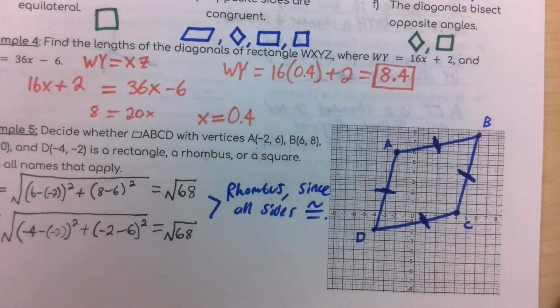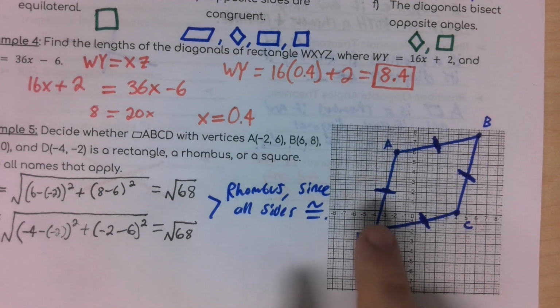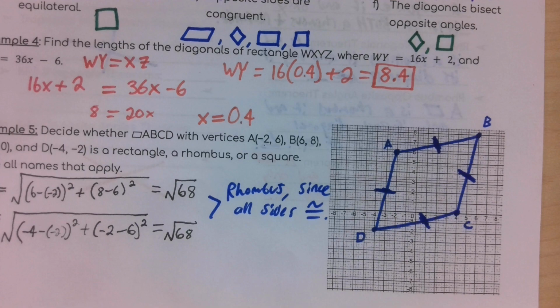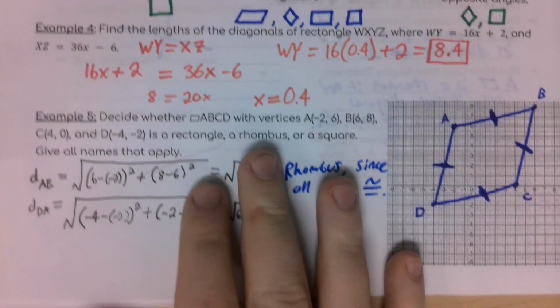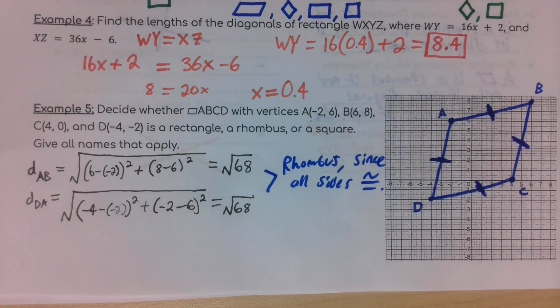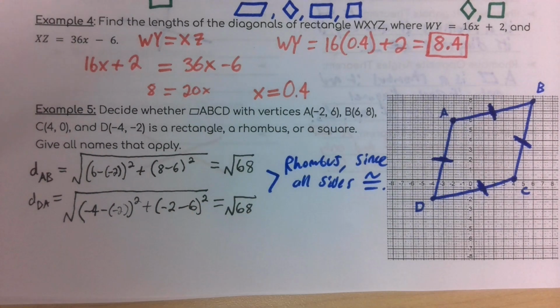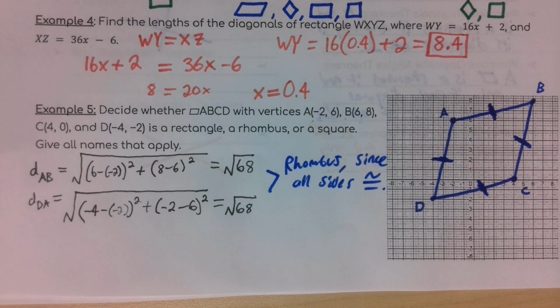But we're not done yet. We know from looking at the diagram that it's not a rectangle or a square, but we need to show that it's not a rectangle or a square mathematically. Well, what's in common between rectangles and squares? All 4 of the angles would have to be congruent, right?